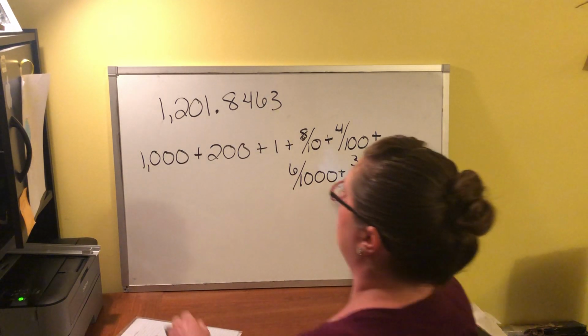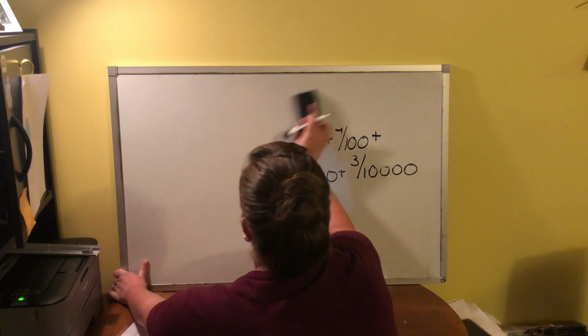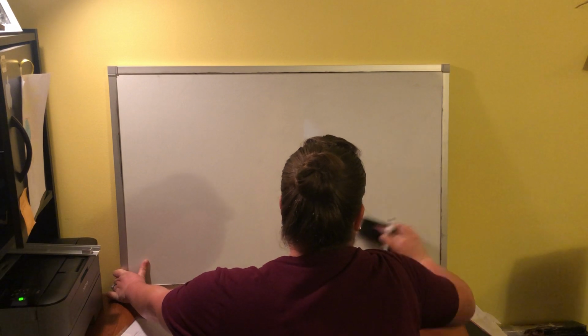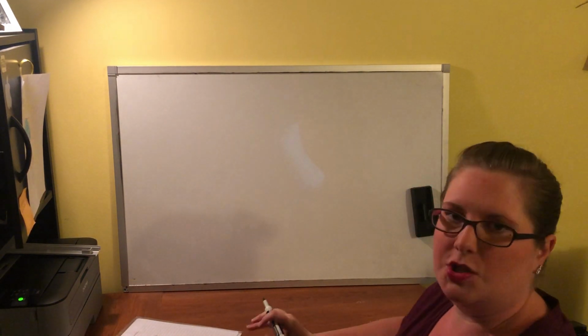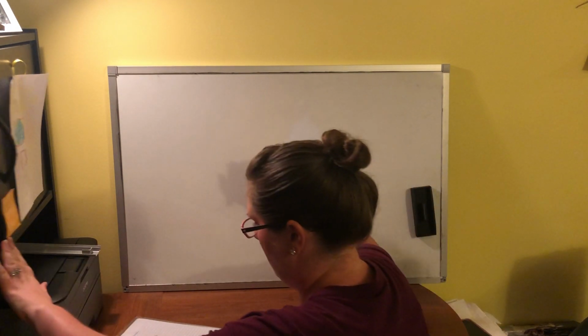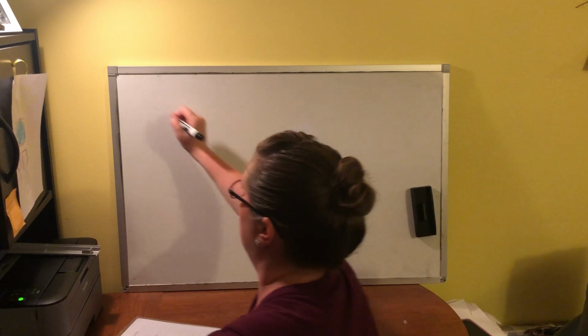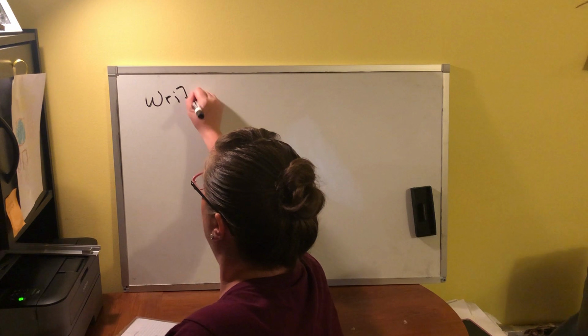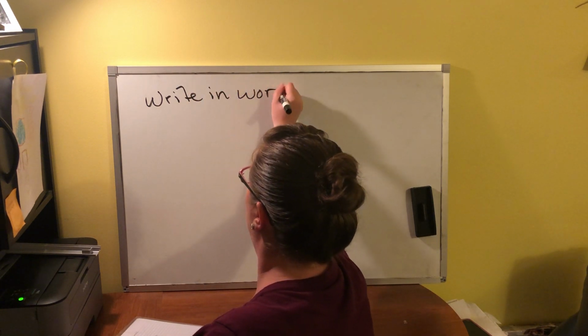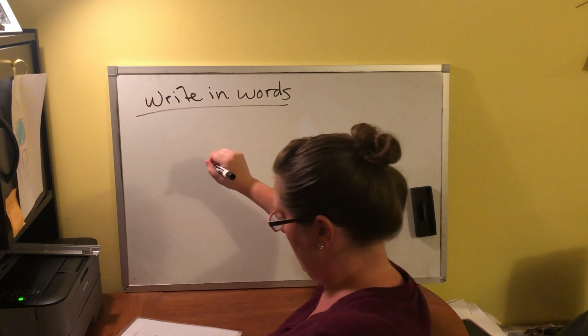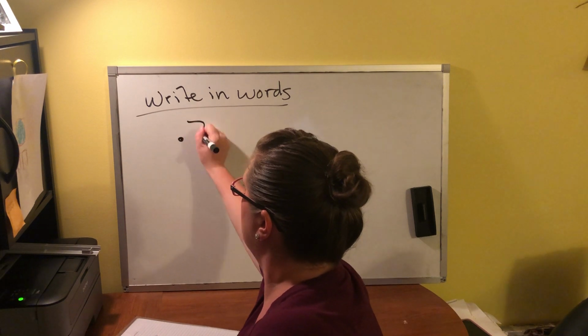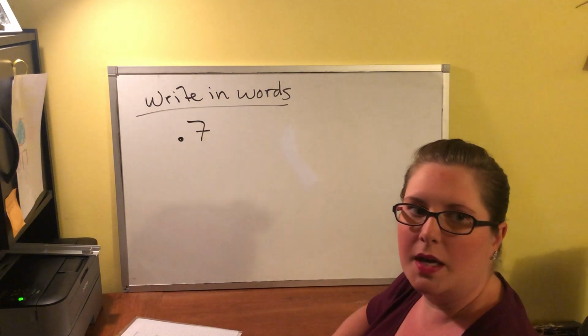The next thing they're going to ask you to do in this section is to write decimals out in words. Okay, it's not much different than writing them out as whole numbers. So we're now writing in words. Let's look at 0.7.